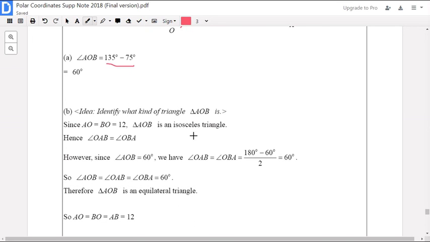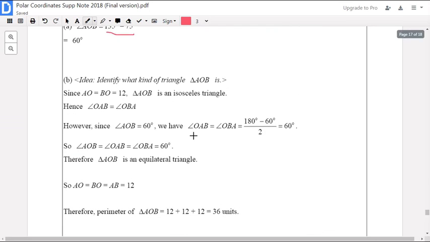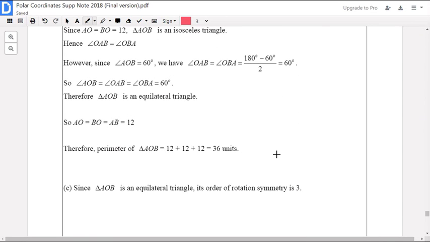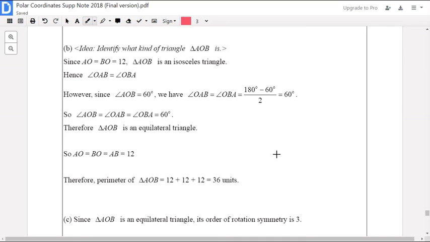Therefore, AO, BO, and AB are all equal to 12, and the perimeter can be obtained easily. It must be 36 units. Part C. What is the order of rotational symmetry? Because it is an equilateral triangle, the order of rotational symmetry is 3. This is a simple fact that you have learned from Form 1.